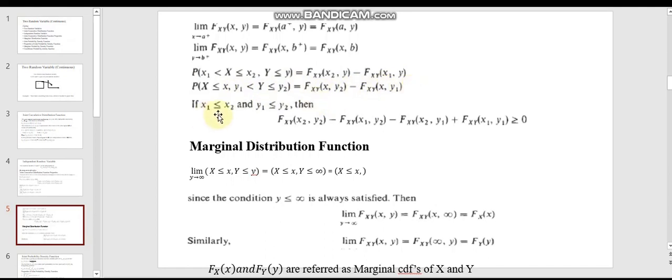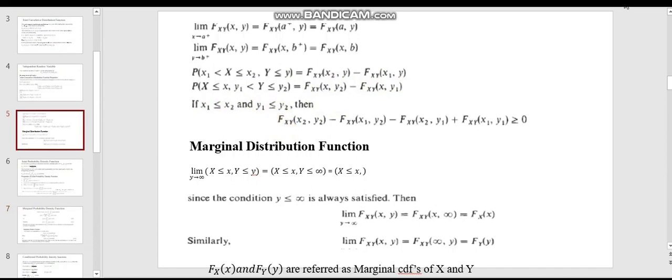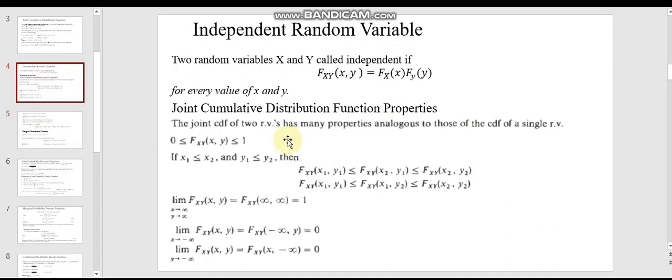If x1 is less than or equal to x2 and y1 is less than or equal to y2, then the joint CDF can be described as F sub XY of x2, y2 minus F sub XY of x1, y2 minus F sub XY of x2, y1 plus F sub XY of x1, y1, which is greater than or equal to 0. So the CDF must fulfill these properties.